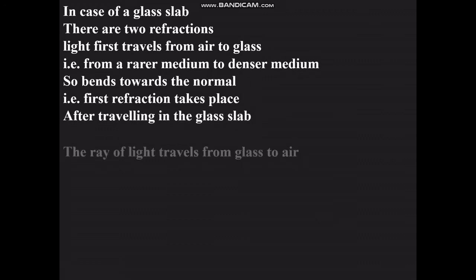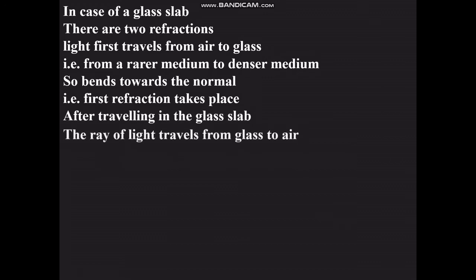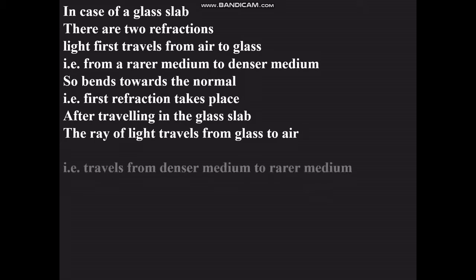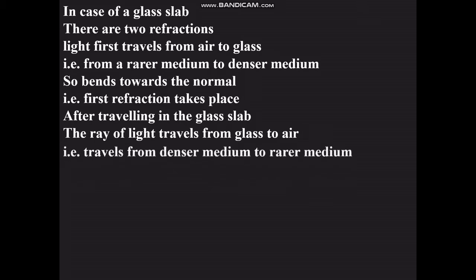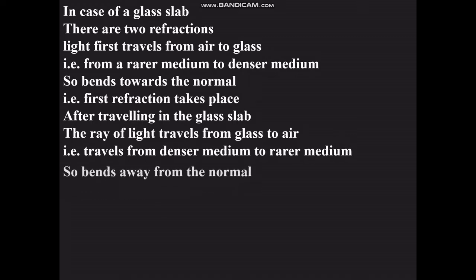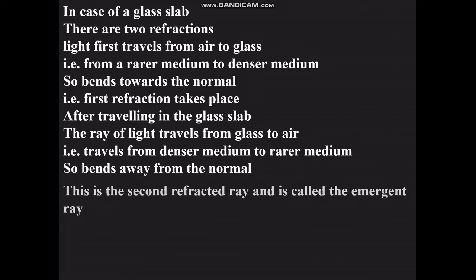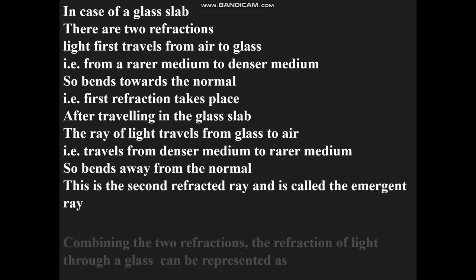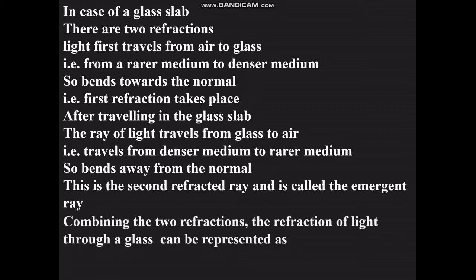After traveling in the glass slab, the ray of light travels from glass to air. It is traveling from denser medium to rarer medium, so it bends away from the normal. This is the second refracted ray and is called the emergent ray.